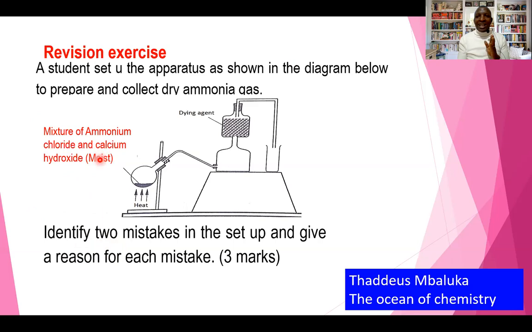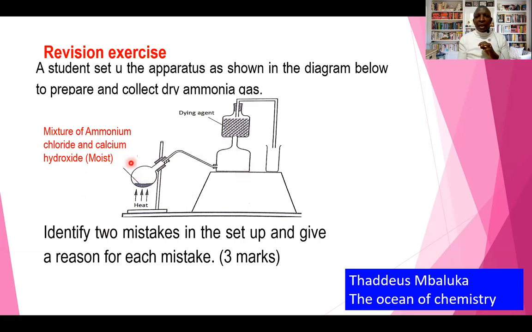Remember, the examiner has told you to identify the mistake, not the correction. Some students say dry reagent should be used. That is a correction. Here the mistake is use of moist reagent. The reason is that ammonia is highly soluble and will dissolve.